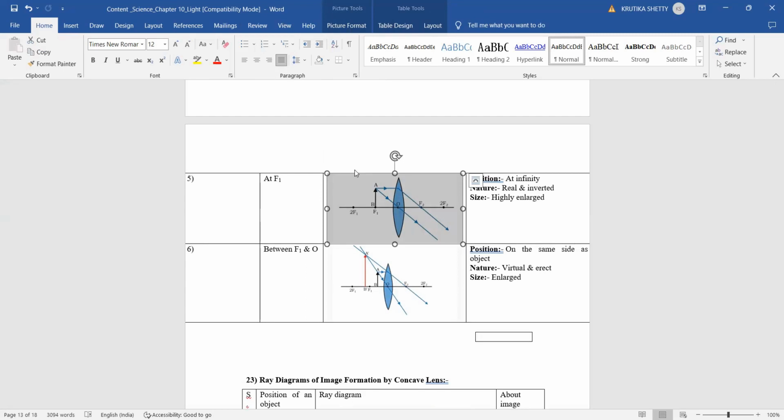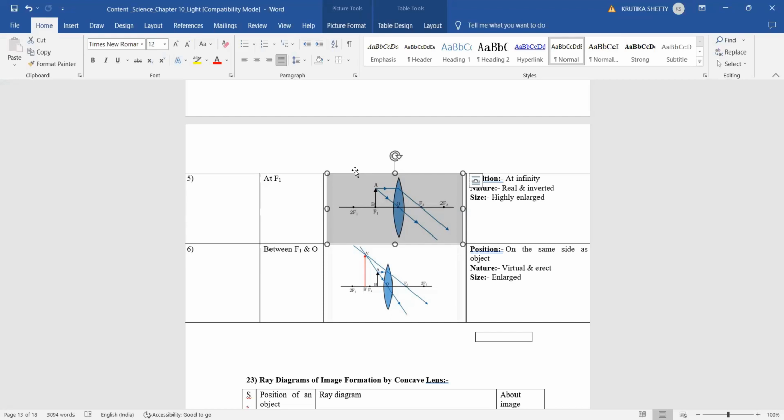It is also real and inverted and highly enlarged. Then the sixth case, the object is between F1 and the optic center. The image is formed on the same side and it is virtual, erect and highly enlarged. So these are the 6 cases regarding the convex lens.